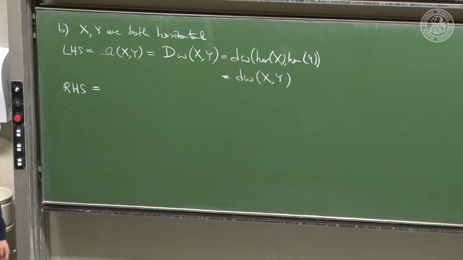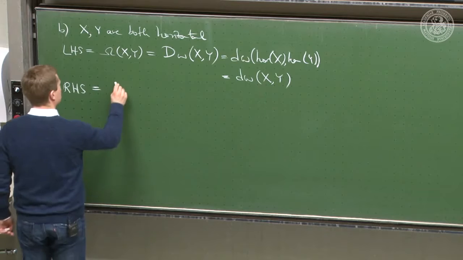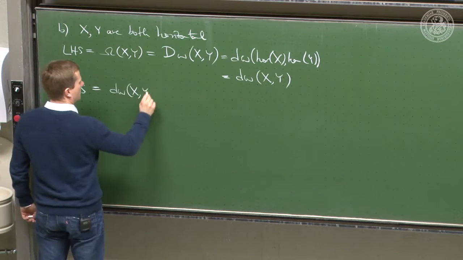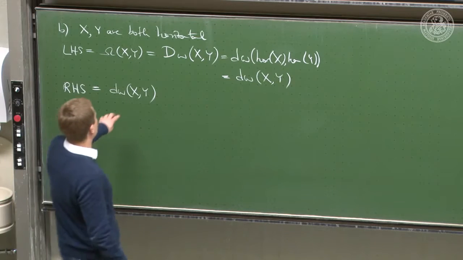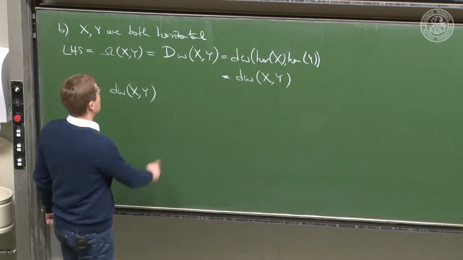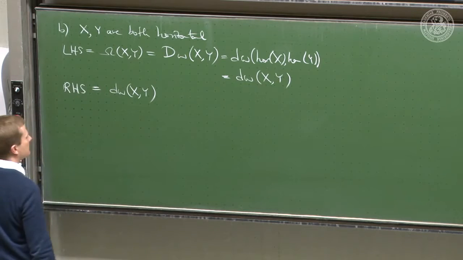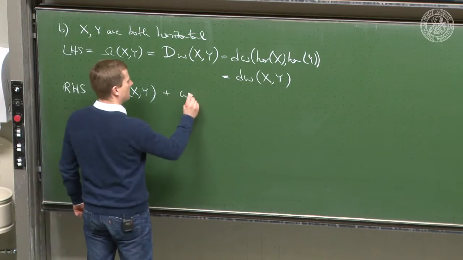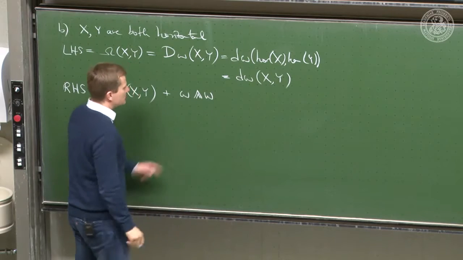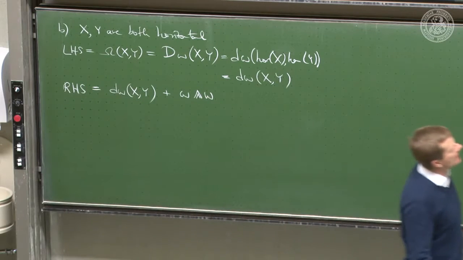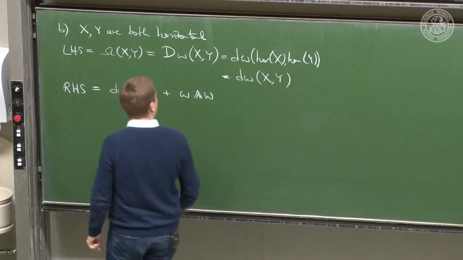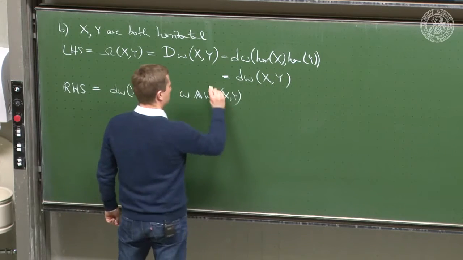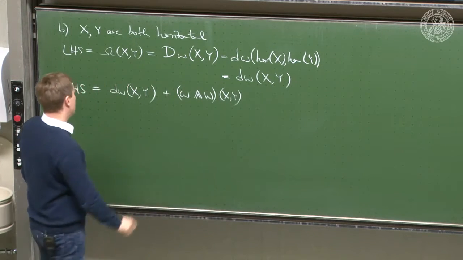Now the right-hand side starts precisely like that. It starts with d omega of x comma y, and here we're not going to use the definition of the d omega because we already have the term that we want. We just have to check whether the additional term vanishes, so that's the omega double wedge. This double wedge is supposed to remind you of the double bracket, right? So that's why I have the double wedge. Supposed the same type of x and y, okay, and so what is this?